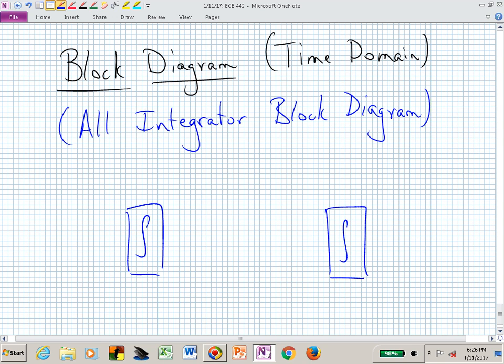Suppose that I inject into this rightmost integrator x sub 2 prime. What happens when I integrate x sub 2 prime? This is hard math. We simply get x sub 2.